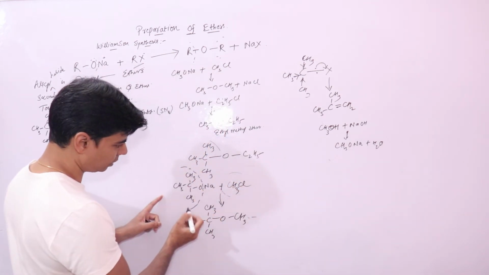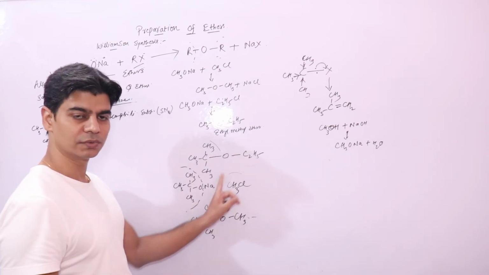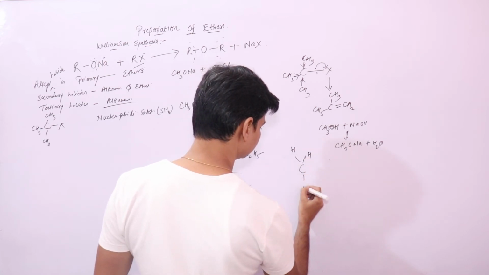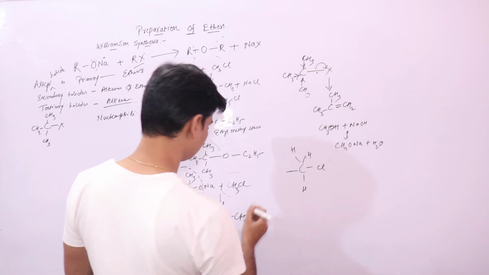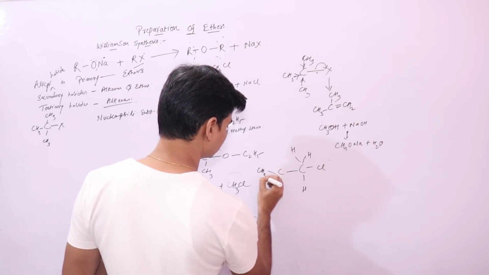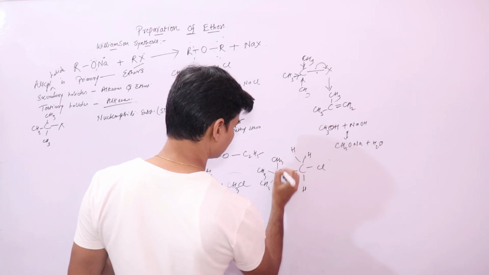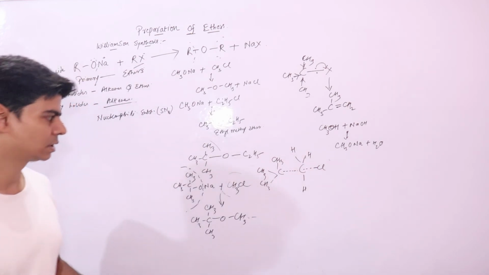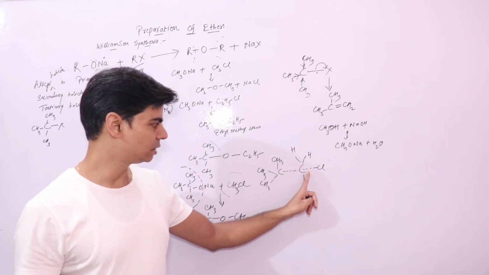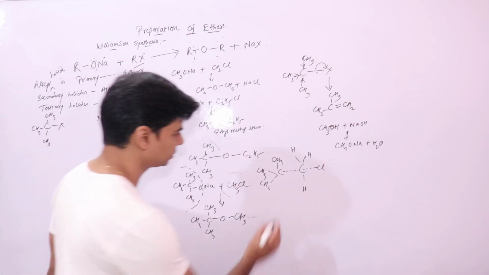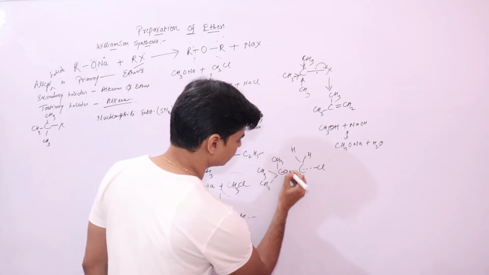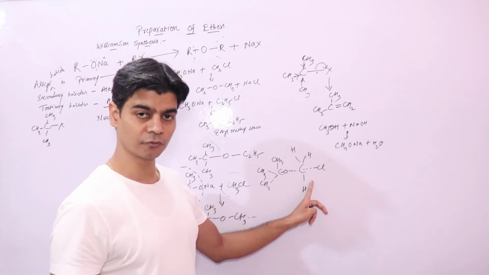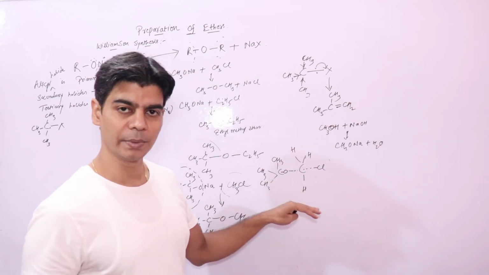When this nucleophile attacks the carbon of this alkyl halide. So this is your transition state, if you remember, in SN2 reactions. This bond is in process of making, and this bond is in process of breaking, right? This is your SN2 mechanism.